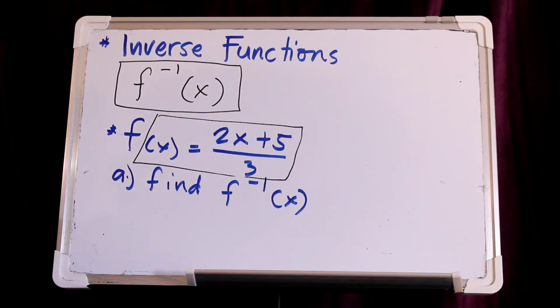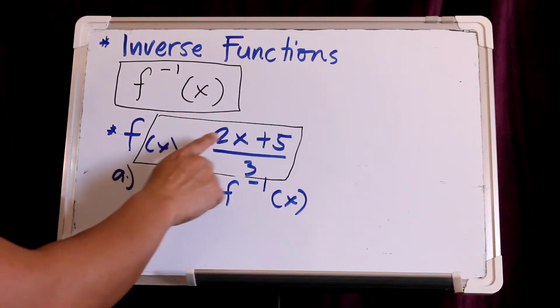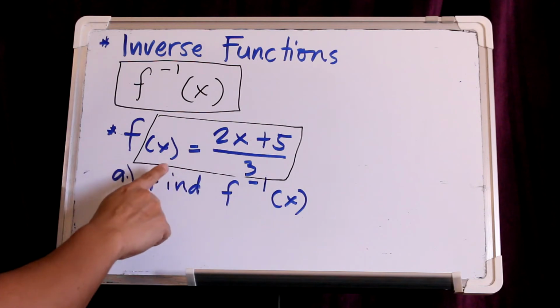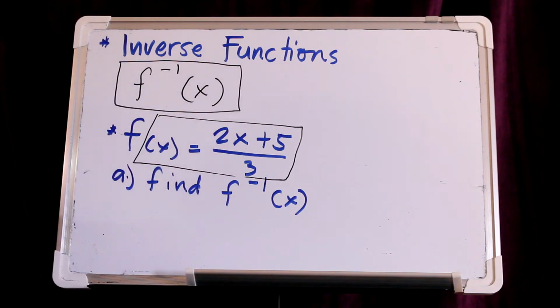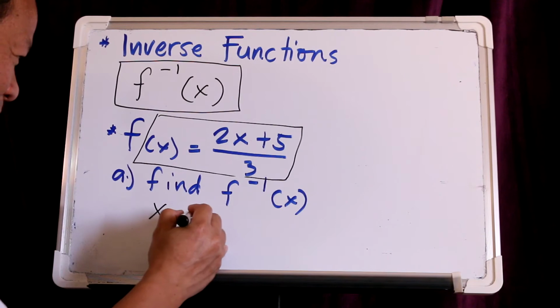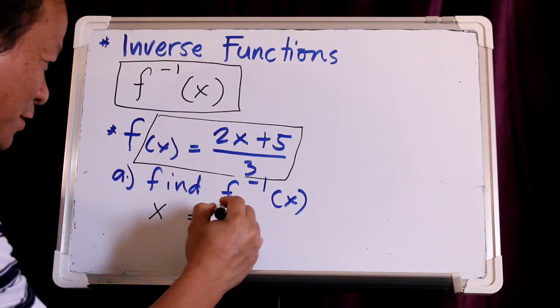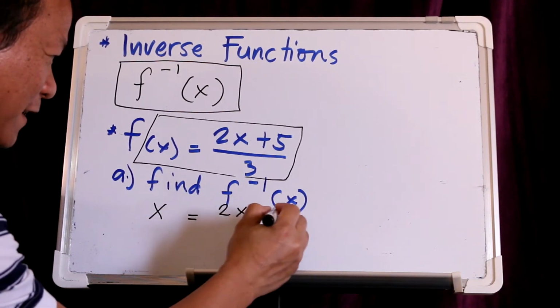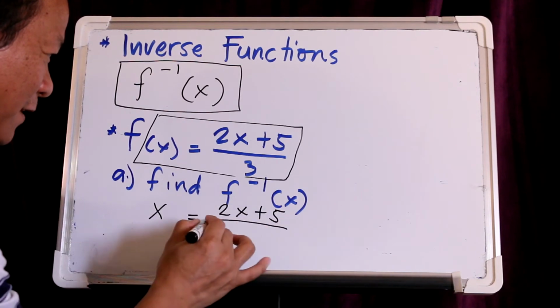For my case, I will just have to remember that this x is different from the other x, so these should not combine. Okay? So what I'm going to do is I will have x here equals 2x plus 5 divided by 3.